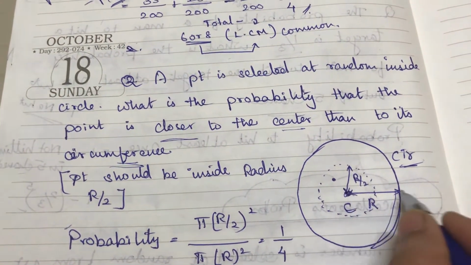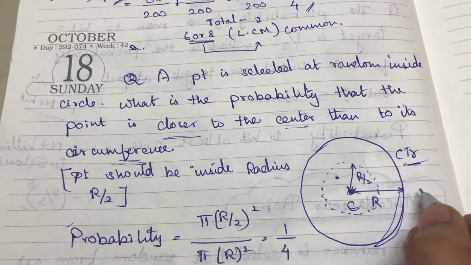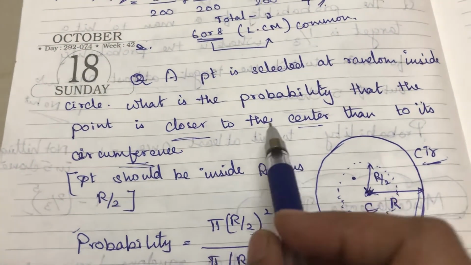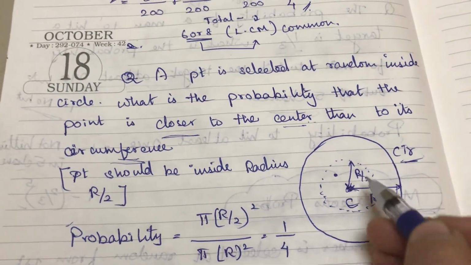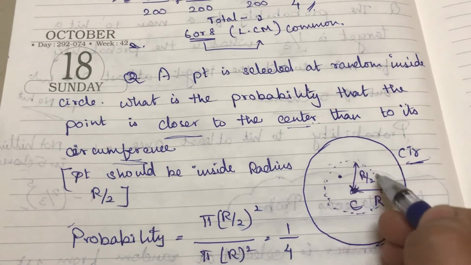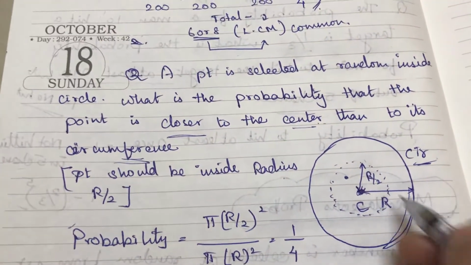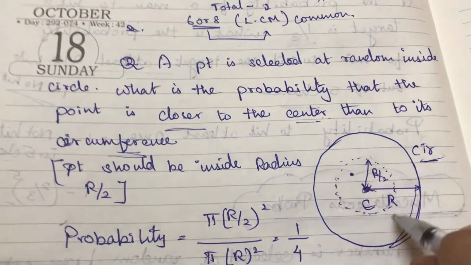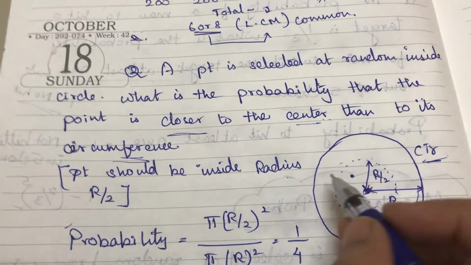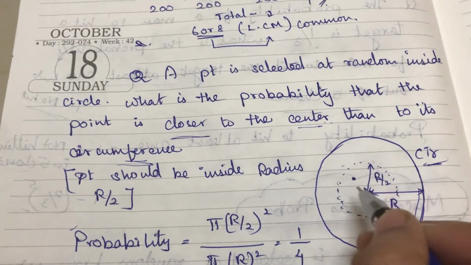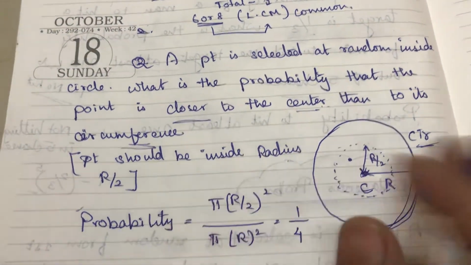So I am just saying this R is the radius. If the point should be closer to the center, it should be inside this dotted circle. This dotted circle has a radius of half of R. So I am drawing another circle here which is half of R. So a point closer to the center should be inside the radius half of R. Okay, that's the thing here.